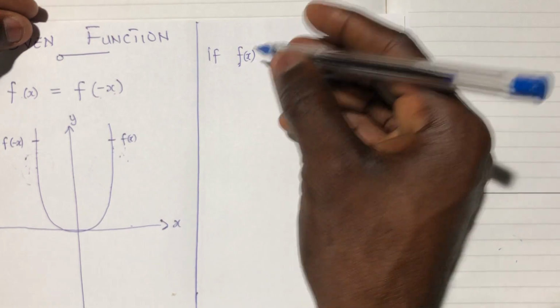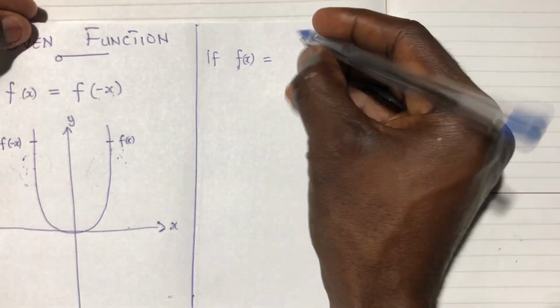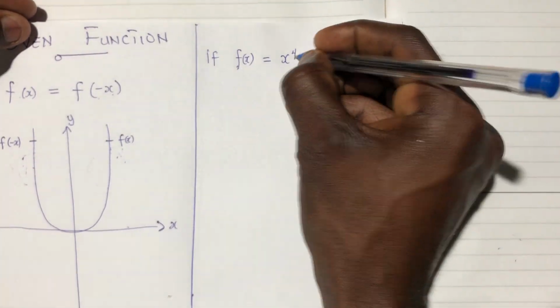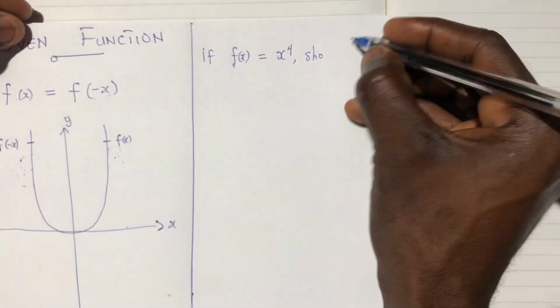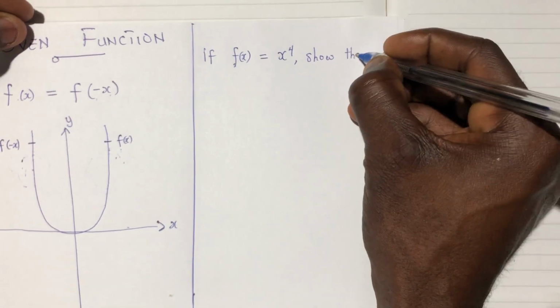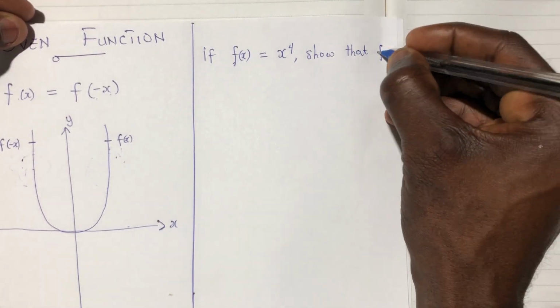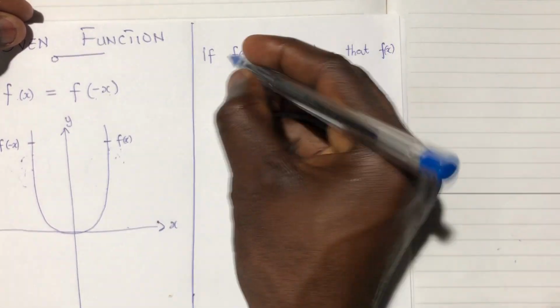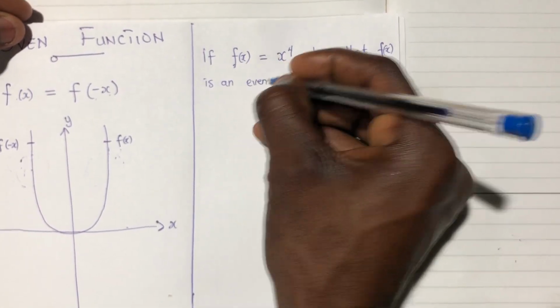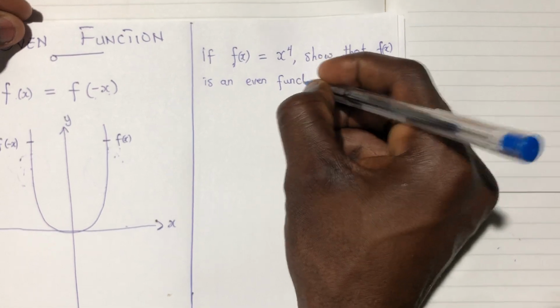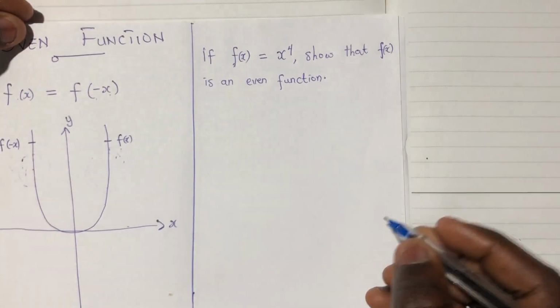So if f of x equals x raised to the power 4, show that f of x is an even function. So this is our question.